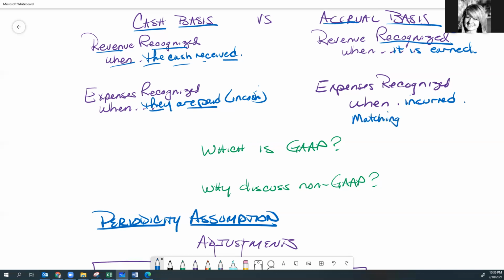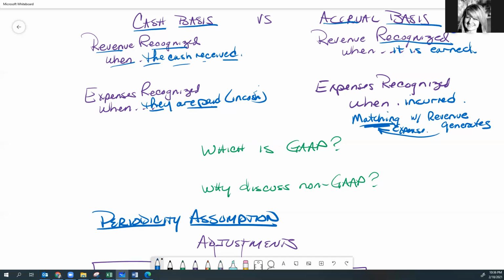We've incurred the expense in order to generate revenue, and we want to make sure that we match the timing of recognition of the expense with the revenue that it generates. So if we are recognizing the revenue, we should also be recognizing the expense. It's two-pronged, and we'll talk about it both ways.